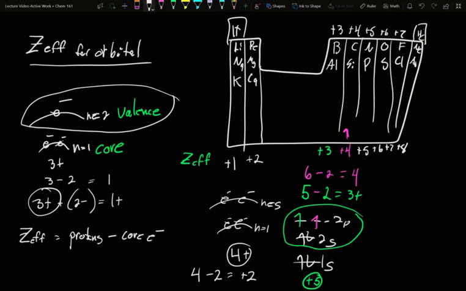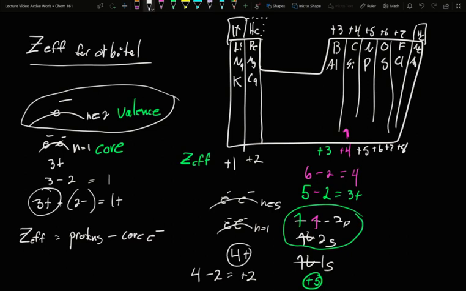Helium is not +8, it's +2. Helium is out of place. It's thrown over on the right because it's a noble gas, but it really ought to fit right here over on the +2 column. So helium and hydrogen are kind of exceptions because they don't have anything except the 1s orbital.